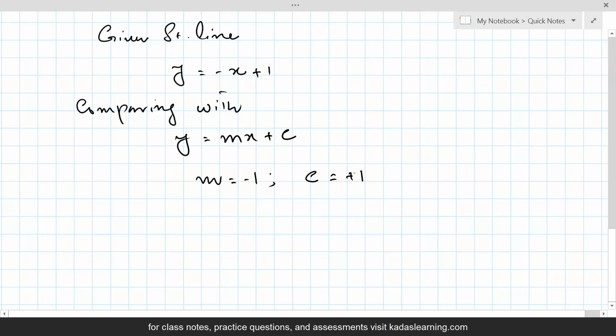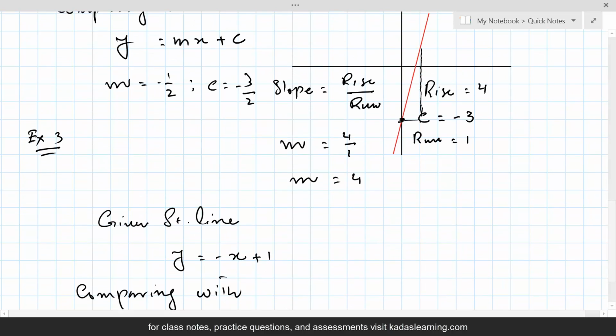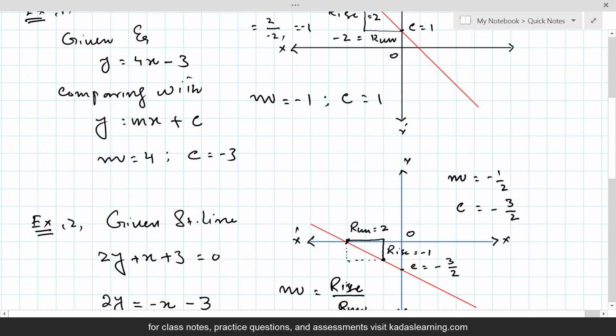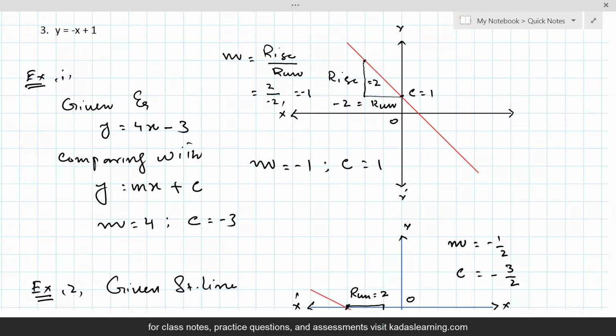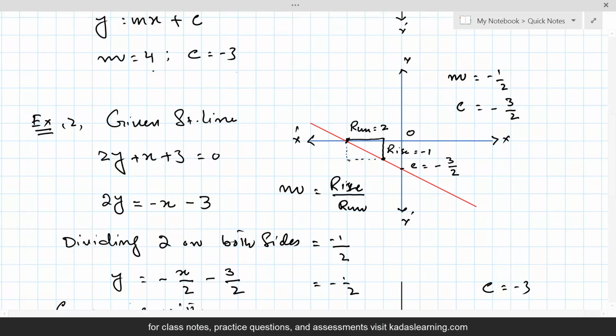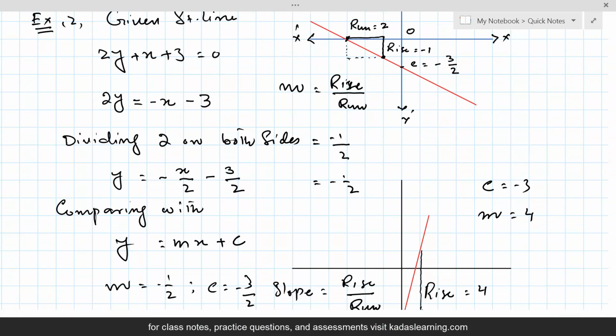So that's how we can always find slope and y-intercept, whether this is graph of the straight line or it is equation of straight line, and then we can match the pairs. So let's see which line goes to which graph. For example number 1, m is equal to 4 and c is equal to minus 3. That's line 3.